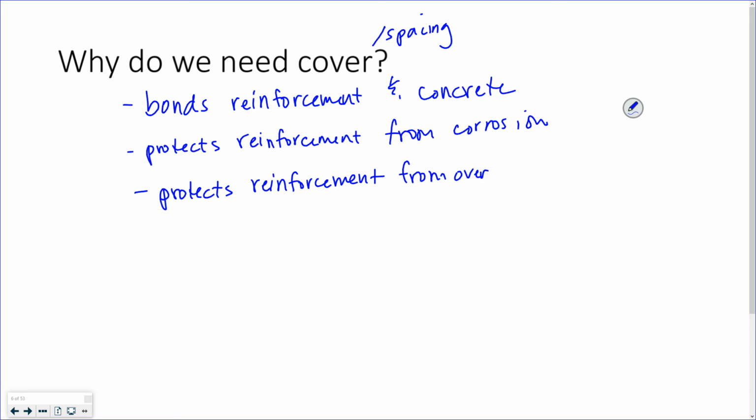If there's a fire, it might get to that reinforcement and cause it to soften a little bit, make it weaker.